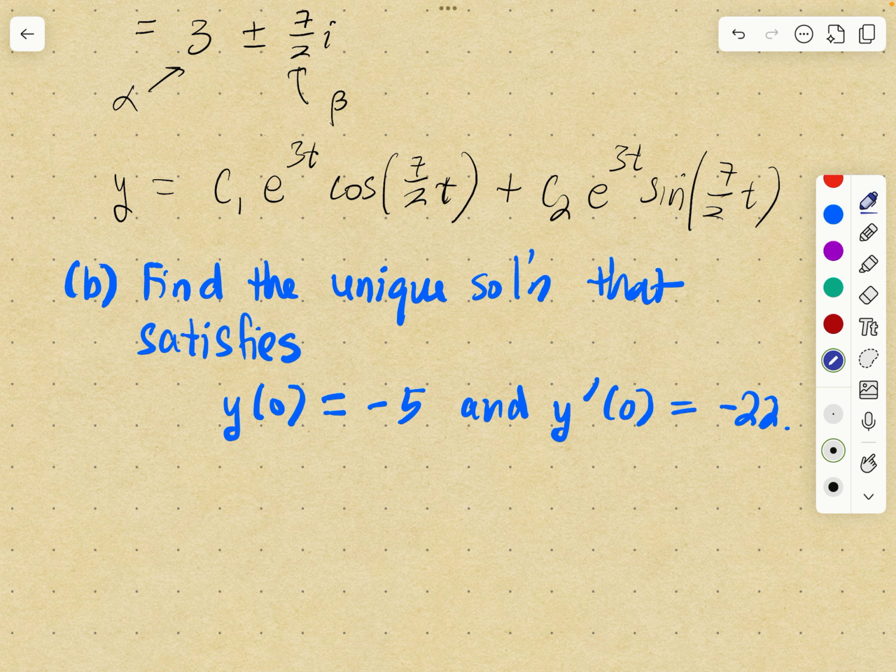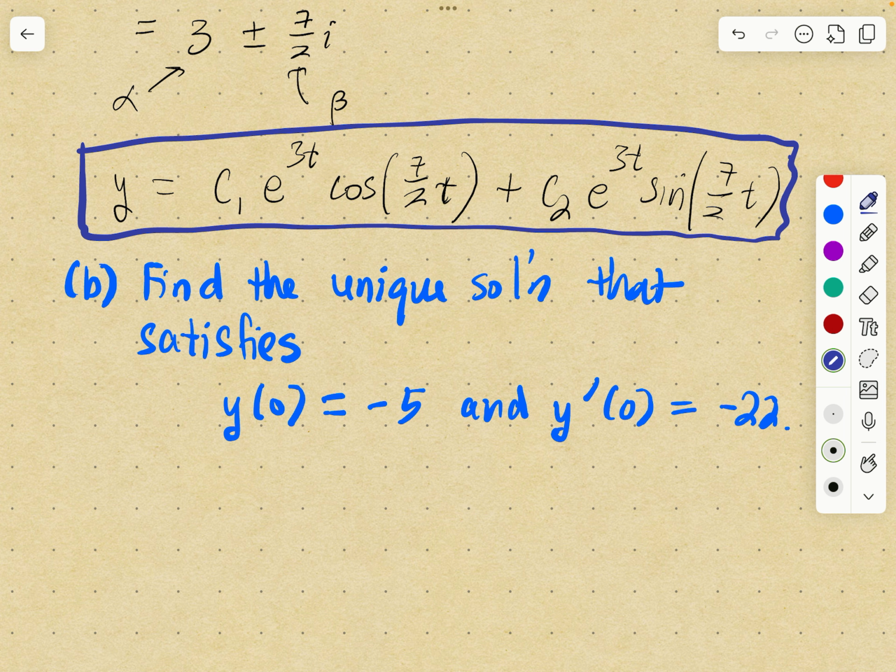Well, first of all, let's make it clear that this is the answer to part A. That's the answer to part A. And to do part B, you just do the same thing, except the derivative is going to be more complicated, right?